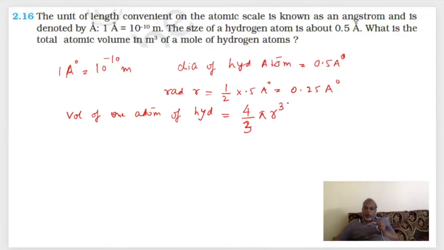You can put the value of r from here and you can find out the volume. Suppose it is V.